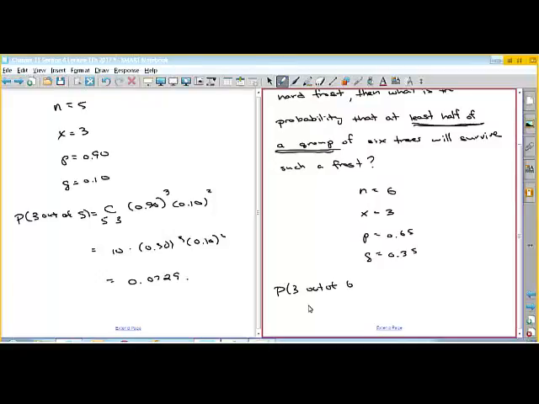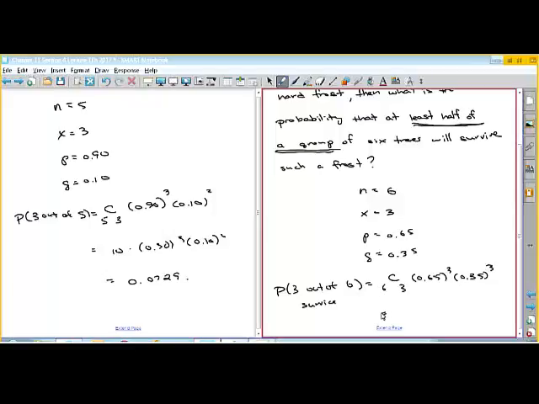So the probability of 3 out of 6 surviving, which is, what do we call it now? I've forgotten the word. Success, yeah, in this case it is a success. 6 things taken 3 at a time, 0.65 raised to the third power, 0.35 raised to the third power. 6 minus 3 is 3.